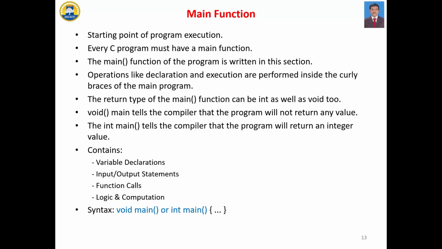Void tells the compiler that the program will not return any value. The int main tells the compiler that the program will return an integer value. The main function contains variable declarations, input-output statements, function calls, logic and computation. The syntax for the main function is void main or int main.